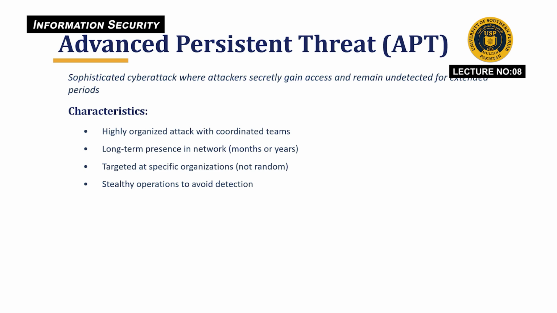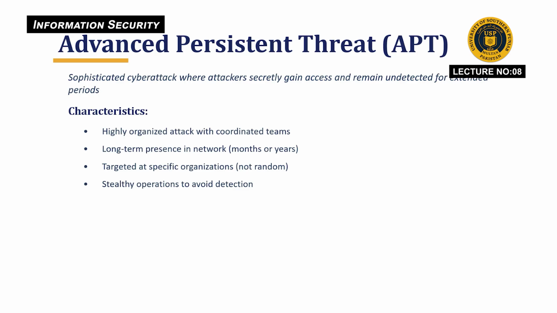APT, Advanced Persistent Threat, is a highly sophisticated cyber attack. Attackers secretly enter a network and remain hidden for a long period. APT attacks are organized, targeted, and stealthy. Common targets include government, military systems, and large corporations.